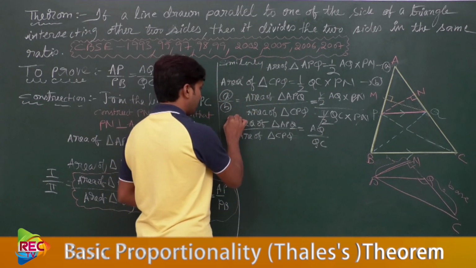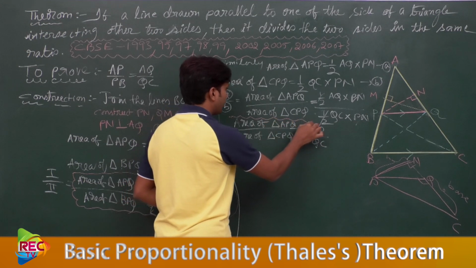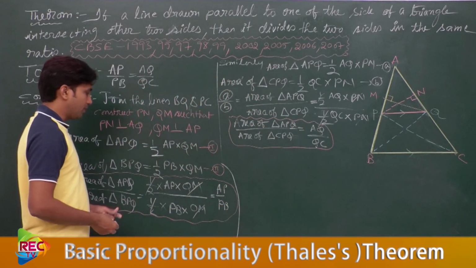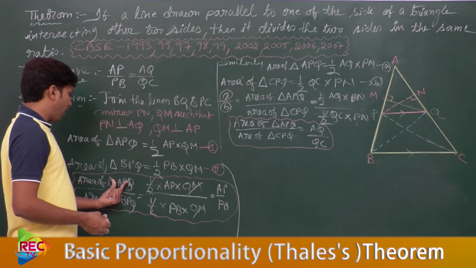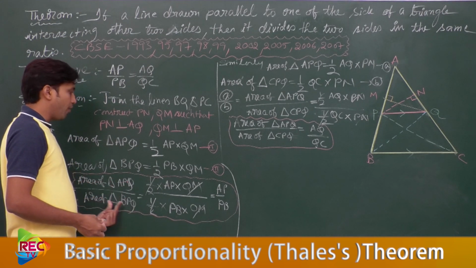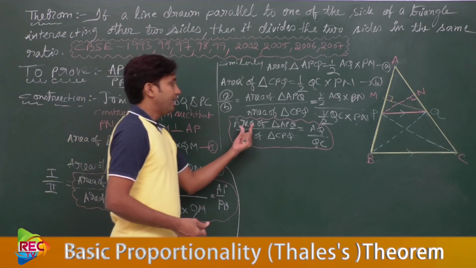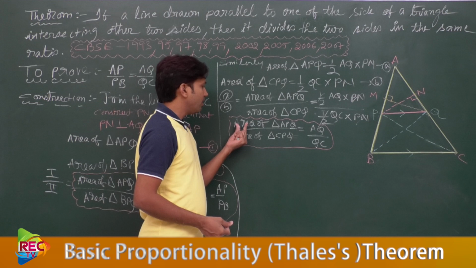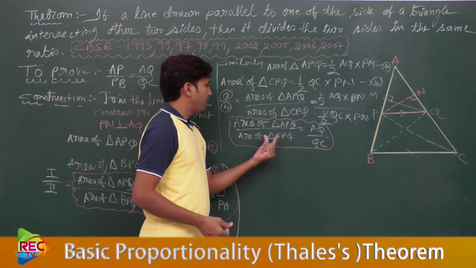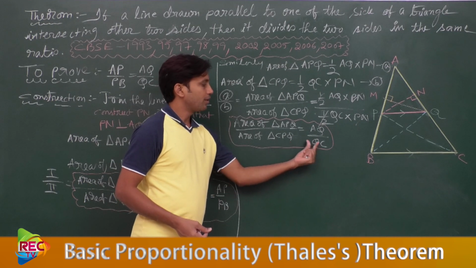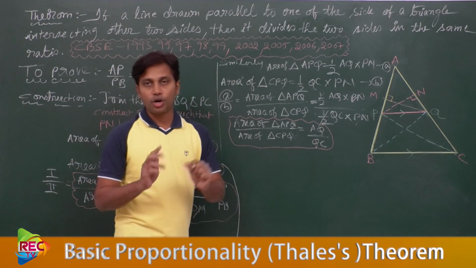Let us put it aside. This is also very important for proving this theorem. Now we obtained two conditions: area of APQ by area of BPQ equals AP by PB, and area of APQ by area of CPQ equals AQ by QC.